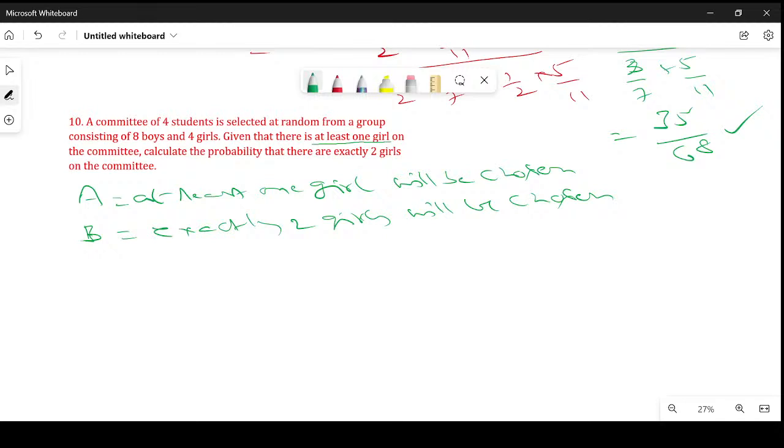Now what are they asking here? Observe: calculate the probability that there are exactly 2 girls on the committee, when at least 1 girl is given.